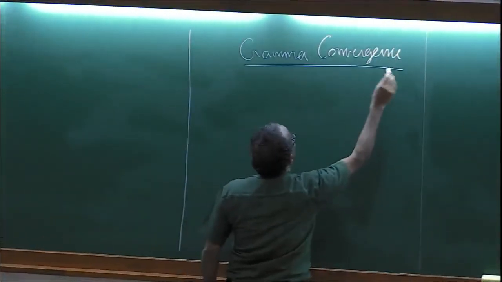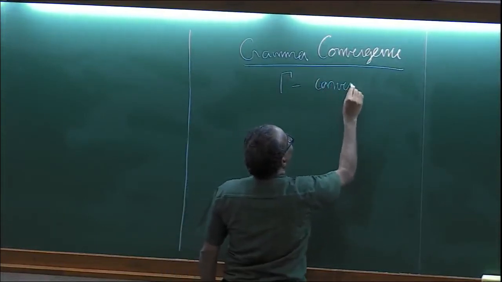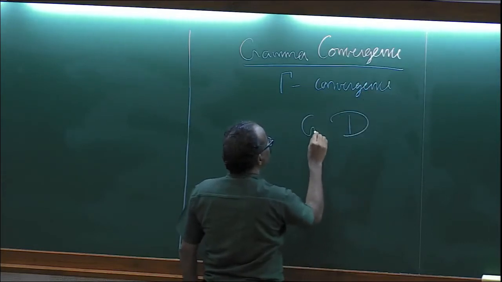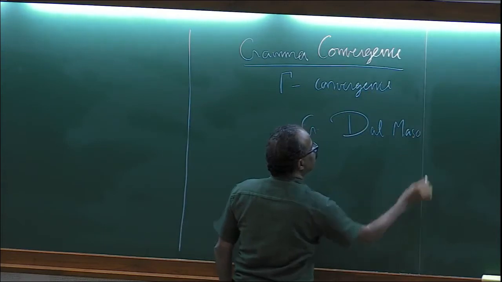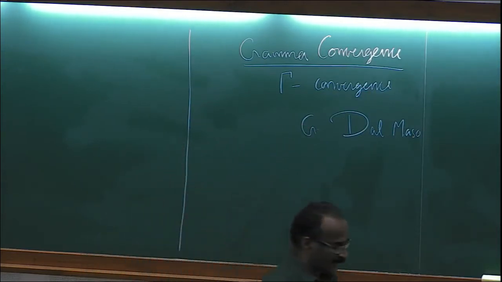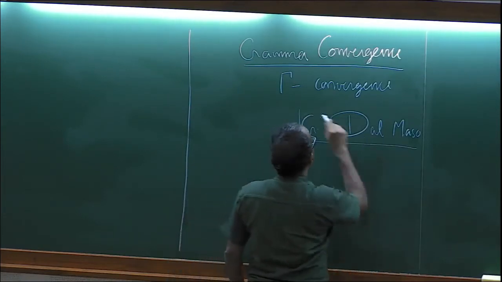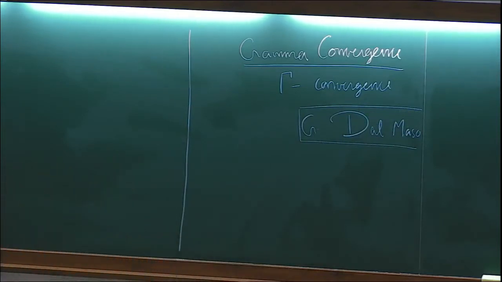In notation, we have this gamma convergence. This book is by G. Dal Maso, and there are many articles due to Buttazzo and other people. This is an introduction to gamma convergence itself. It's a nice book to read. The full book is on gamma convergence. So you can go through that.